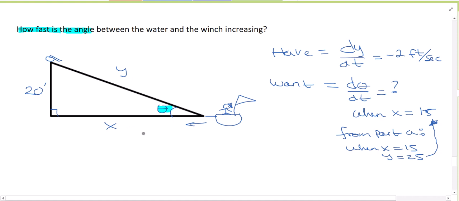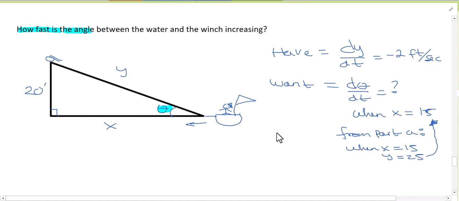What do you expect theta to be doing? It should be increasing, right? As the boat gets closer, the angle is going to get bigger and bigger. So we should expect d theta/dt to be positive. We'll see how that negative comes into play.